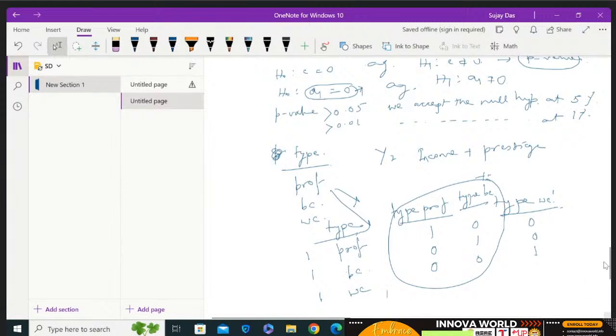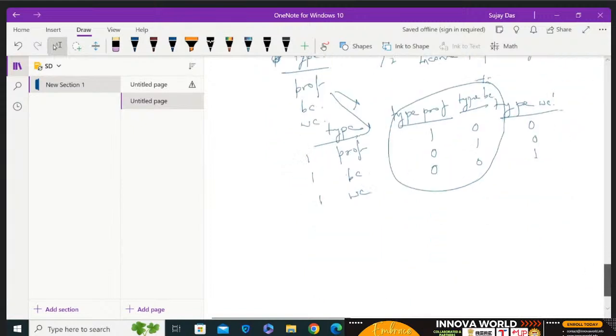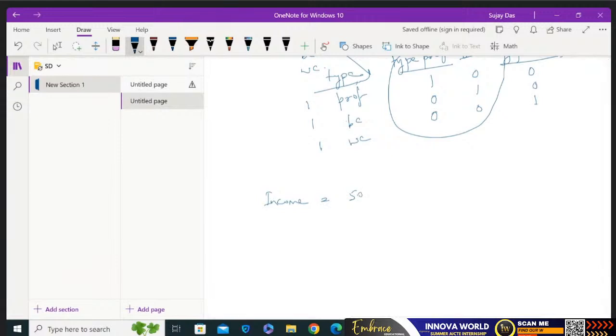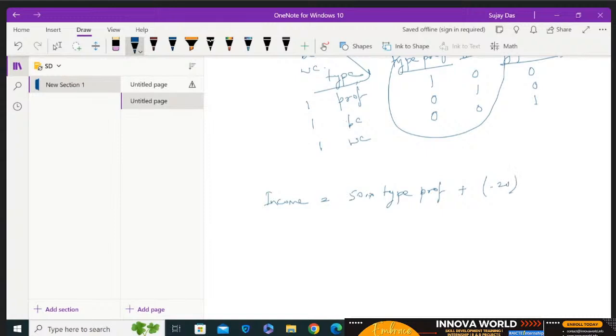The explanation will be like this. Suppose your model looks like this: income is equal to 50 into type prof plus minus 20 into type wc, because there are two variables in the model, type prof and type wc, but one is missing, the type blue collar.